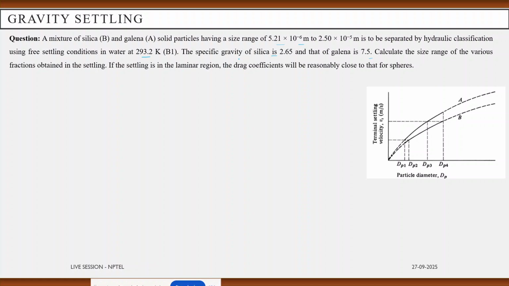So for this, you have to solve this question. I will write down the data that has been given.